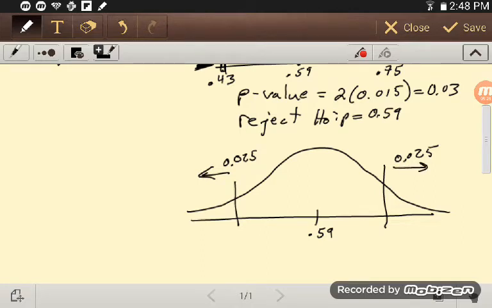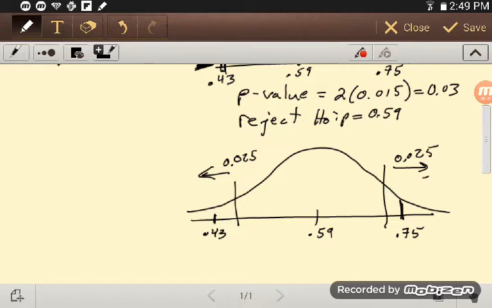Because 5%, and that's the doubling idea, so we took half of our 5% and put it over on the right side, half on the other side, and our data, here's our 0.75 out here, and our 0.43 was out there, and I don't know what this is because I didn't try to make the problem that specific.